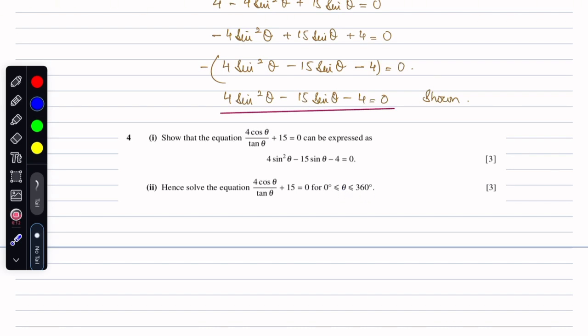Now we have already solved 4 cos theta divided by tan theta plus 15 equals 0 in the first part and expressed it all in terms of 4 sine square theta minus 15 sine theta minus 4 equals 0. Meaning in this second part, 4 cos theta over tan theta plus 15 can be replaced by 4 sine square theta minus 15 sine theta minus 4, and then this shall be equal to 0.